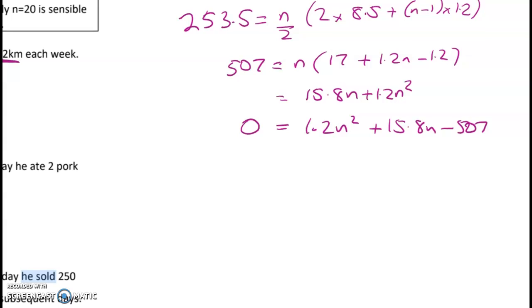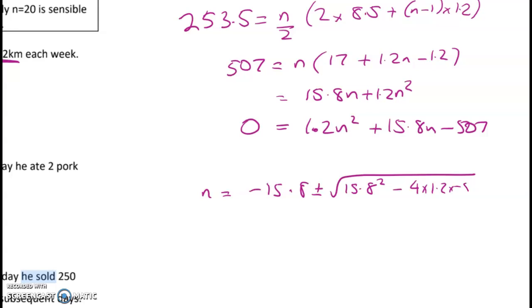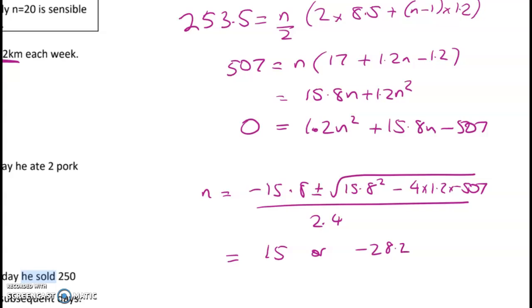Now I'm going to do the quadratic formula on that, and that's going to give me that n is equal to this. So 15.8 squared minus 4 times 1.2 times negative 507 divided by 2.4. Right, that works out to give me these two values. It gives me n equals 15, or n is equal to negative 28.2.